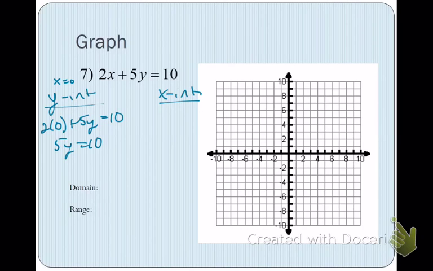So in essence, we've taken the original linear equation and we've kind of ignored the 2x. We've got 5y equals 10 divided by 5, and y is 2. So that means that the coordinates for this y-intercept is 0, 2. So I go over to 0, 2 and plot a point.